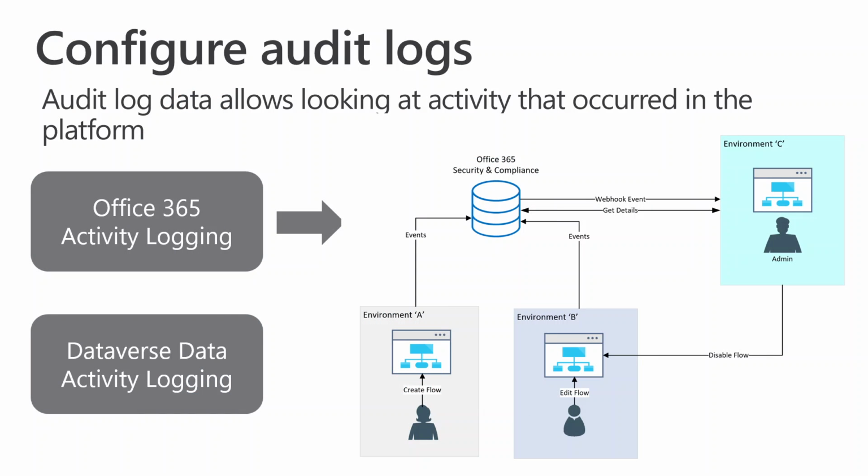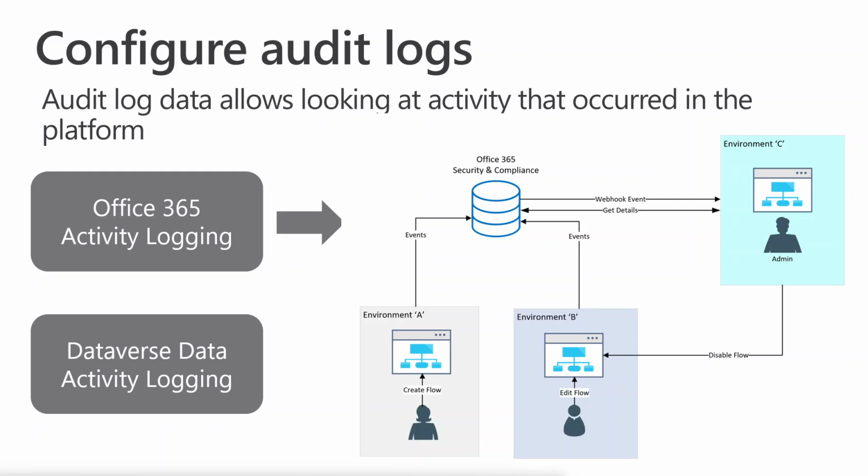So audit log data allows looking at activity that occurred in the platform. It's reactive, it's looking at what happened, and you need to actually enable this in the environment. Office 365 activity logging will log into Office 365 security and compliance, and it logs things like creating flows, editing flows.